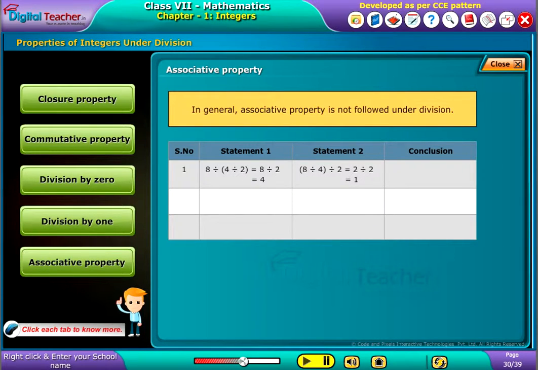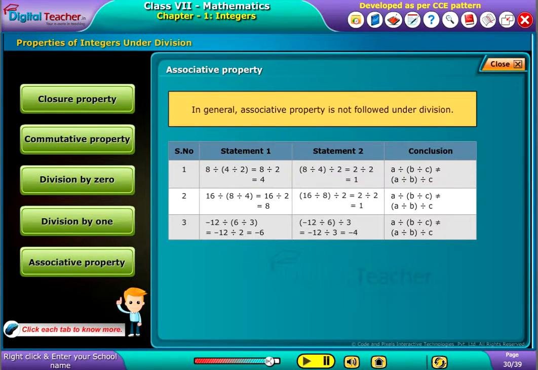We get 2. Thus 2 by 2 is equal to 1. Thus we conclude that (a by b) by c is not equal to a by (b by c). Similarly, the next two statements are shown. The above table shows that the division of integers is not associative.